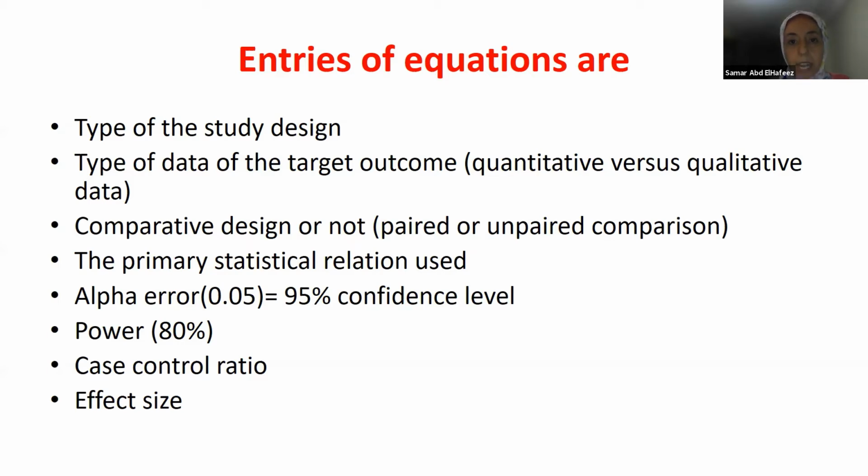To what extent am I confident or sure that this will be reflected in all diabetic patients versus non-diabetic patients? This is the concept of the power. So the power is whether what I summarize from my data reflects the real situation.